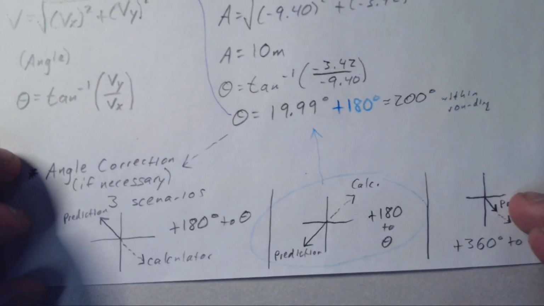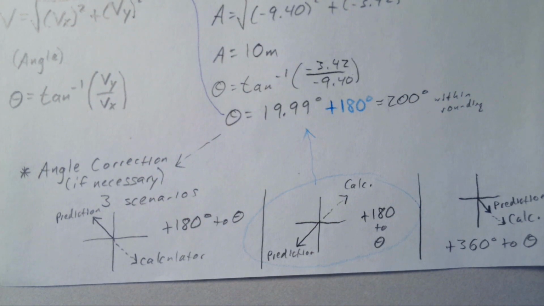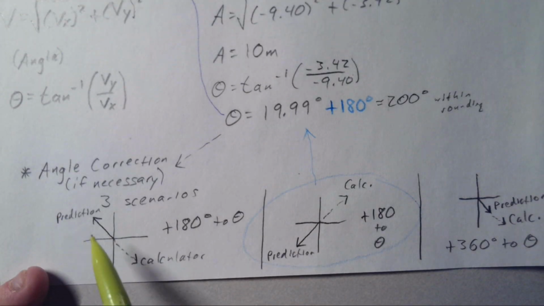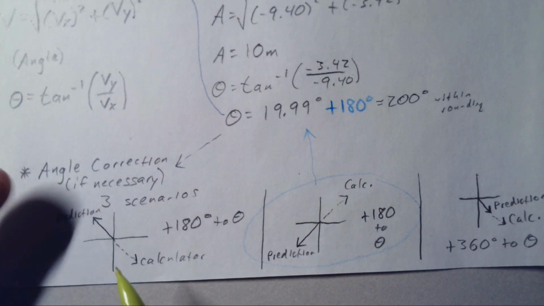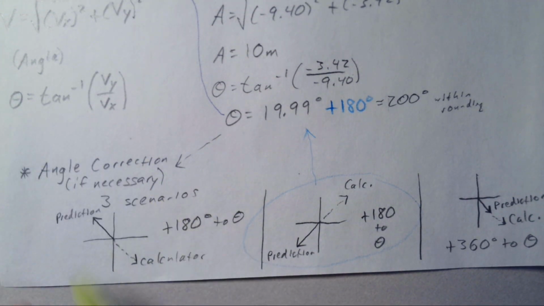So you'll have to eventually memorize these, okay? There are only three scenarios. If it's not one of these scenarios, you do nothing. You just leave it as it is. The first scenario is if it's in the second quadrant and the calculator gives it in the, basically if they're in opposite quadrants, opposite this way or opposite this way, you just add 180 degrees.